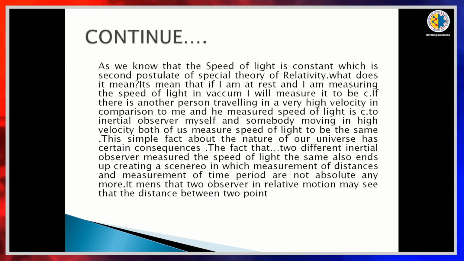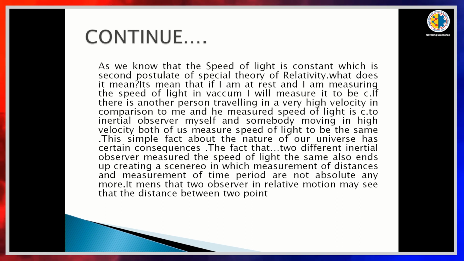If there is another person traveling at a very high velocity in comparison to me, he also measures the speed of light to be c. Two inertial observers, myself and somebody moving at high velocity, both measure the speed of light to be the same. In the special theory of relativity there are two postulates. One is the principle of relativity and the second postulate is that the speed of light is constant for all observers.